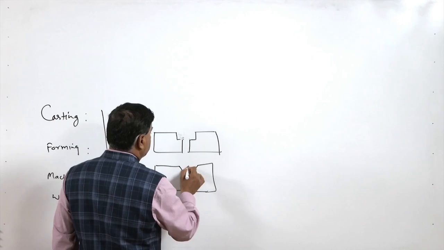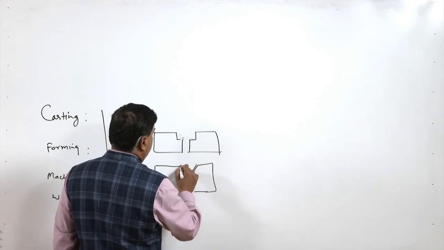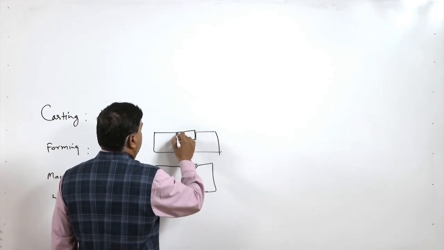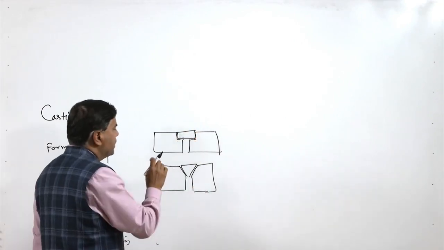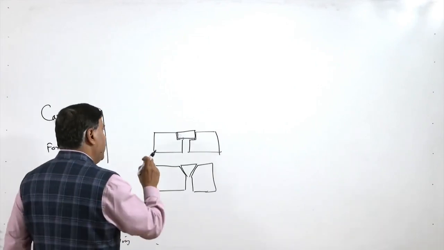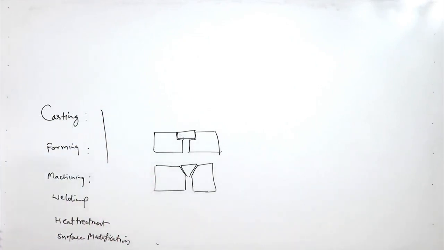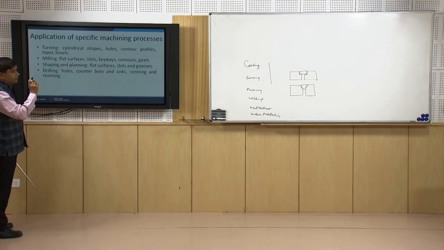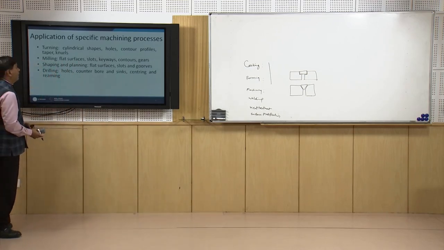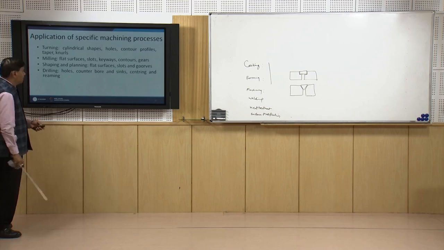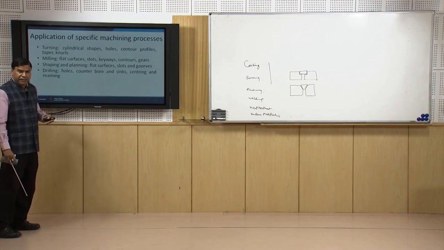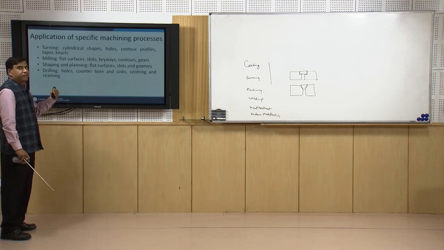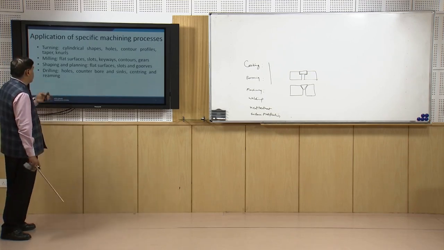A conical shaped geometry is produced for countersinking purposes. The partial enlargement of the hole diameter is called counterboring, and centering is basically used for developing the center, so that it can be used for holding the job between the headstock and tailstock, or it is the first step for drilling the hole at a particular location. So, centering is done.